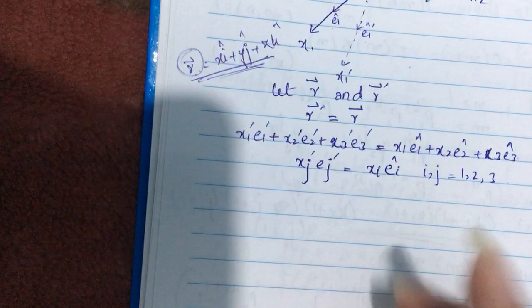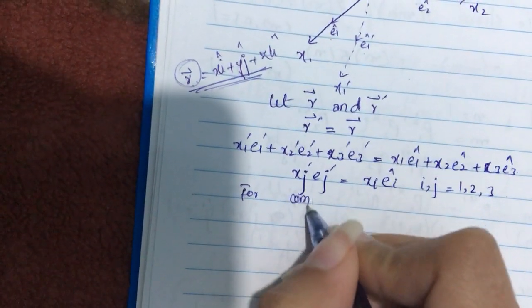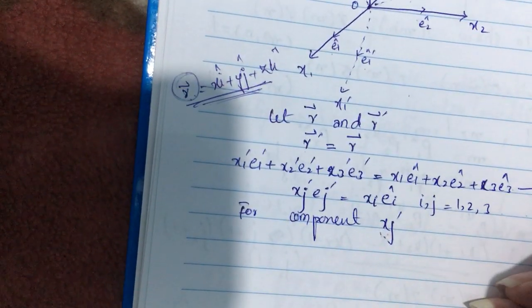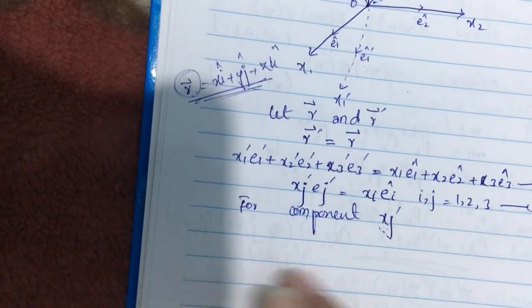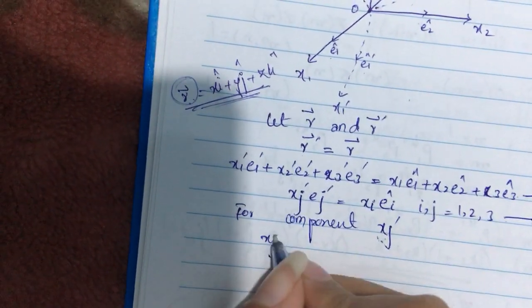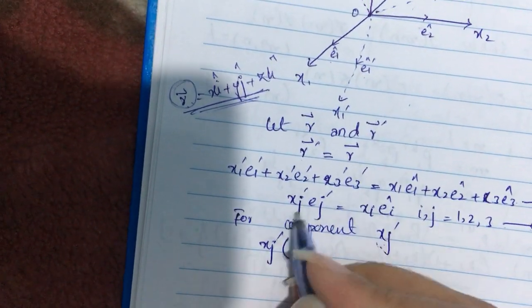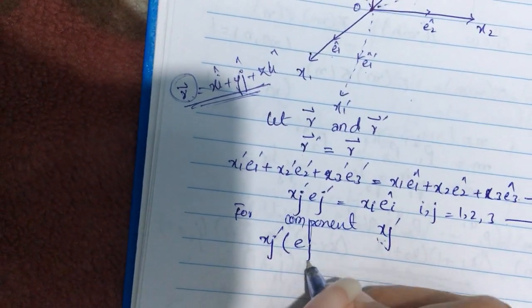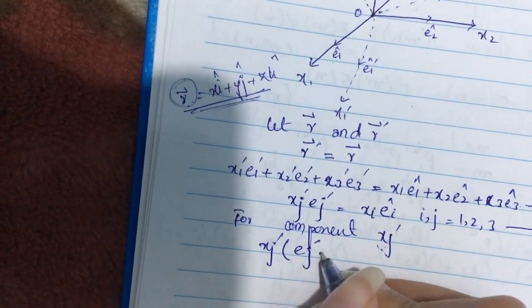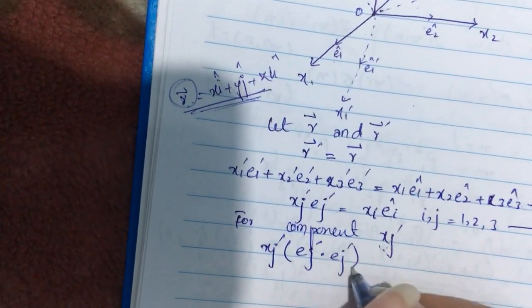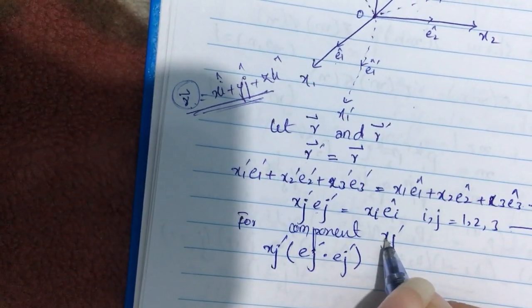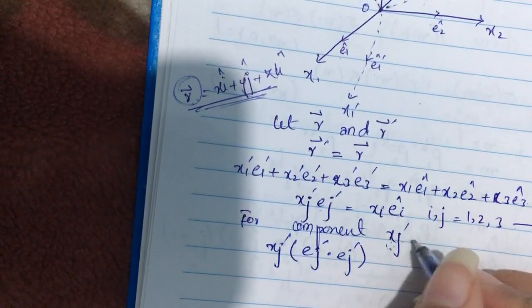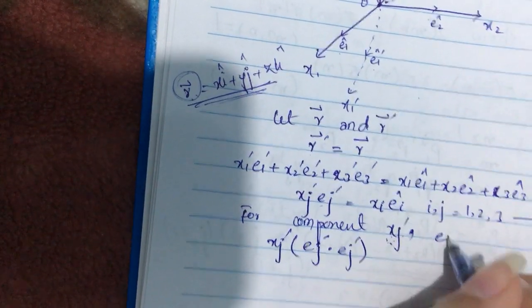Now for the component xj dash, we take the dot product of equation 1 with ej dash.